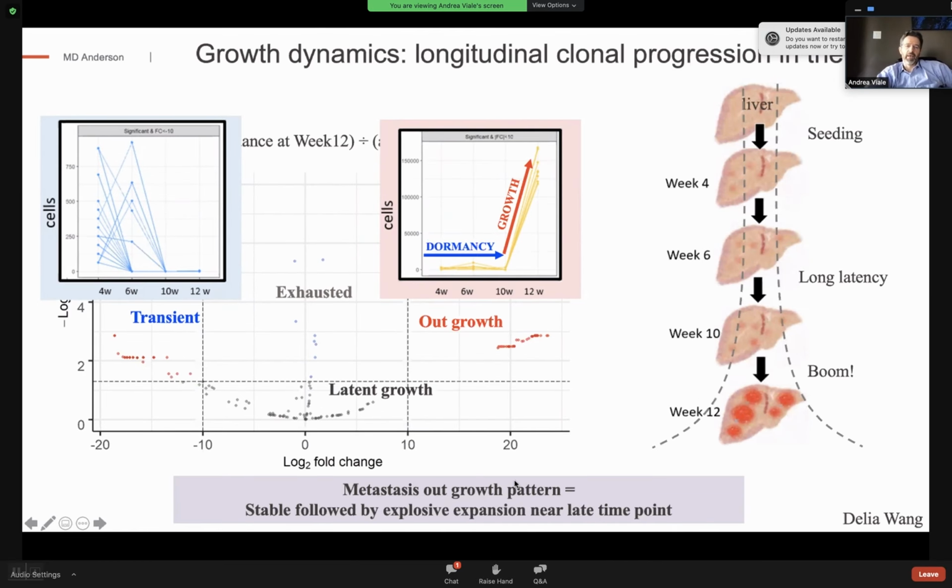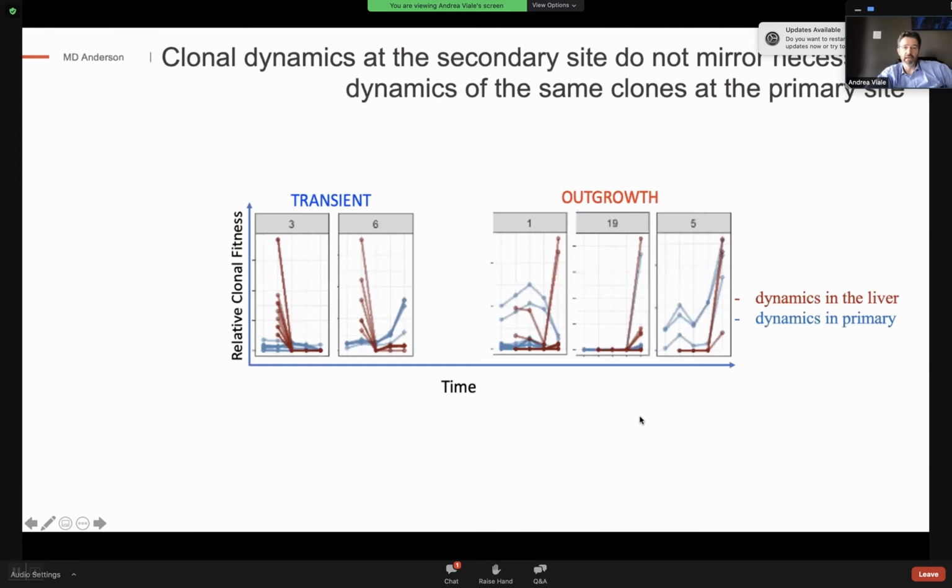So at the end, it looks like the metastasis outgrowth pattern is simple. We have a stable pattern at the beginning, followed by an explosive expansion near the late time points.